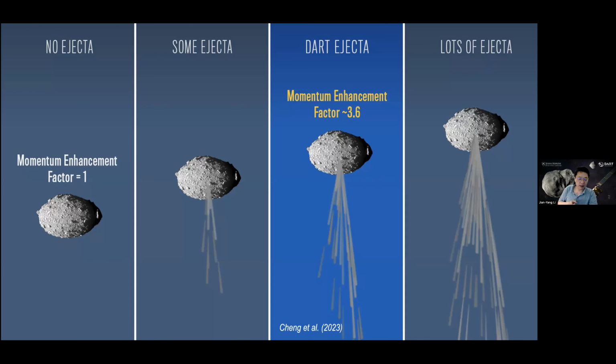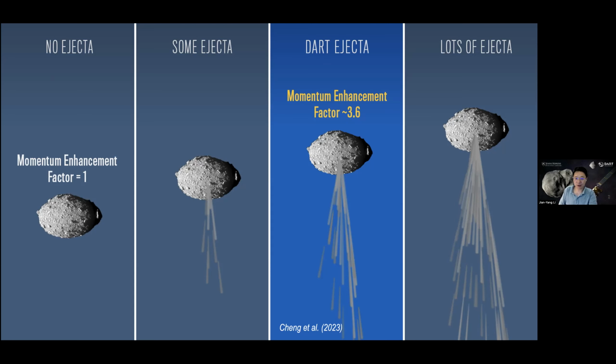Any impact onto an asteroid will cause a lot of ejecta. If there's no ejecta, the momentum we transfer to the target will be the momentum carried in by the spacecraft. But if we generate ejecta from the target, the ejecta will come out toward the direction the spacecraft is coming from, right?